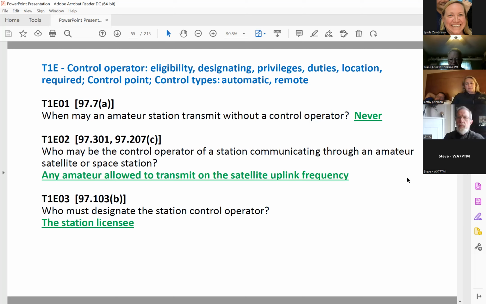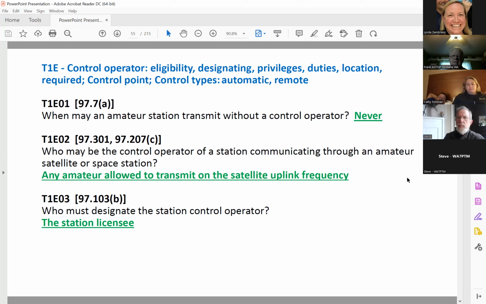Now, to pass the test, there are certain questions which you have to know the answer to. But to be honest with you, once you pass the test, you don't need to remember them. Because unless you're going to operate, I mean, most of you with a technician license, you're going to get either a handheld radio or a little base station for VHF, UHF.